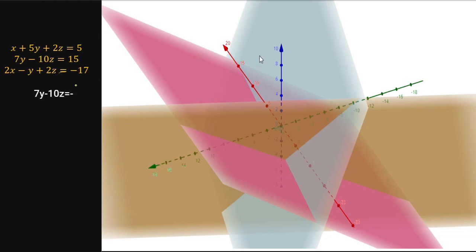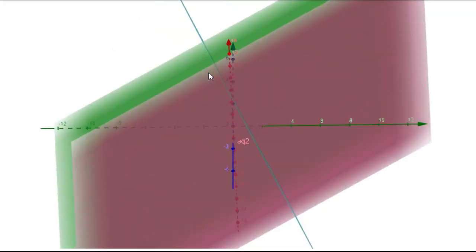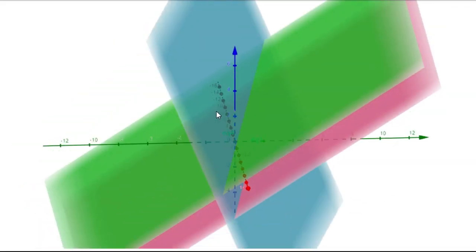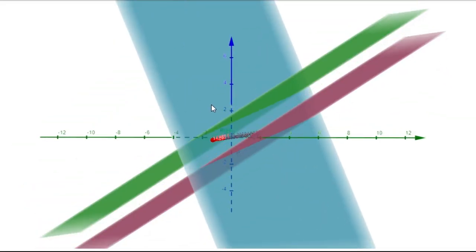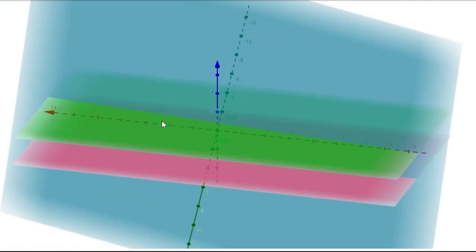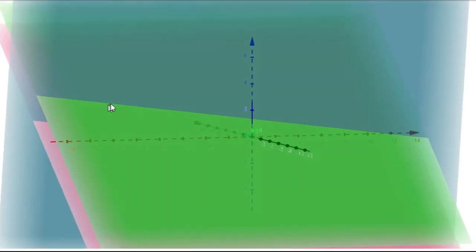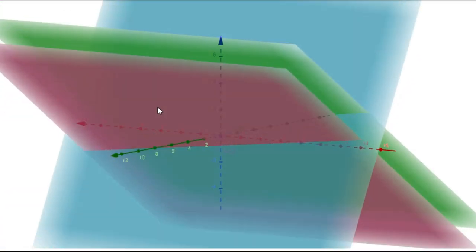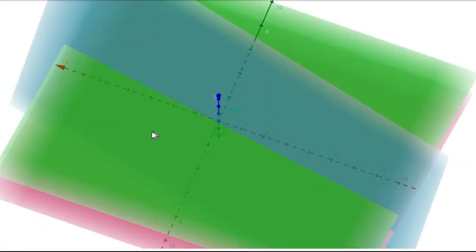So the second equation and the new equation are going to contradict each other, and let's see how it looks. And as you can see, we have 2 parallel planes that will never meet each other in a single point, and that is why this system of equations has no solution whatsoever.